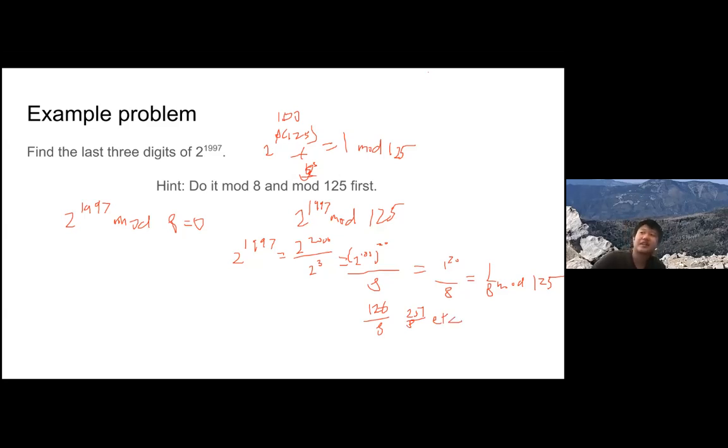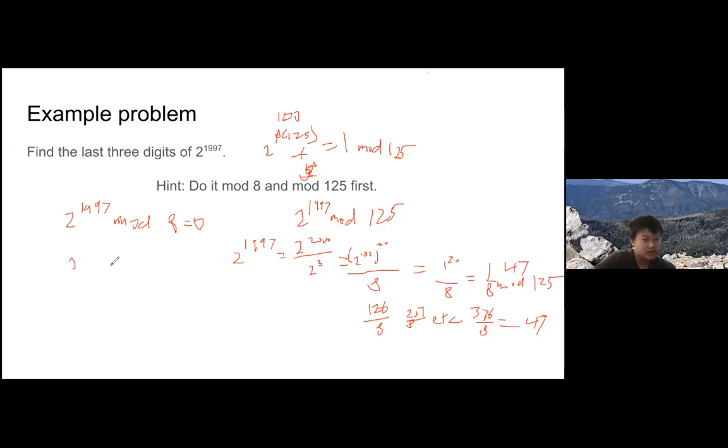You'll see that I believe 376 over 8 is equal to 47. So 1 over 8 mod 125 is 47.